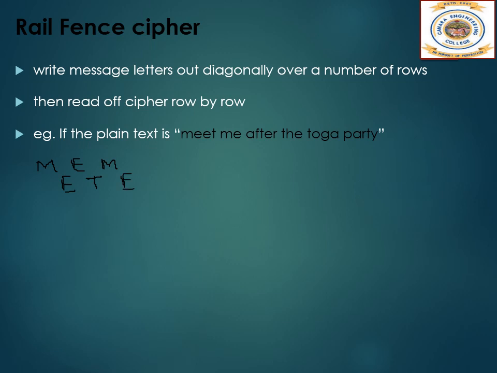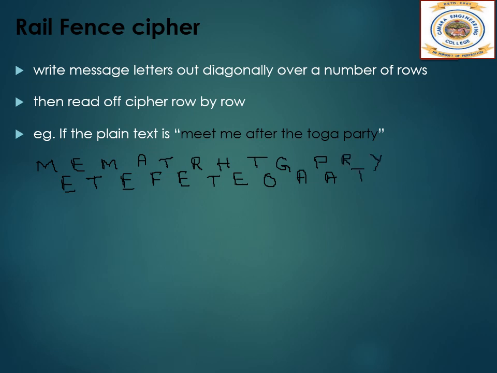Then after: A, F below, T above, E below, R above. So "meet me after" is over. Then the: T below, H above, E below. Then toga: T above, O below, G above, A below, P above, A below, R above, T below, and Y above.